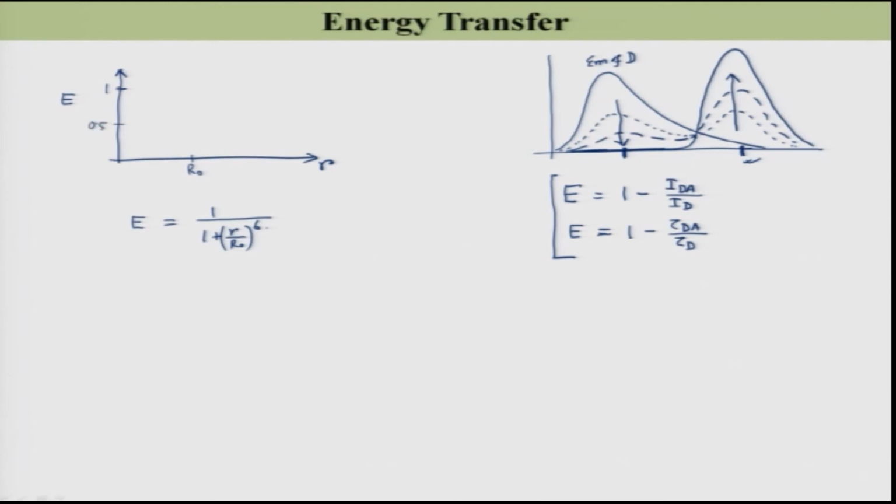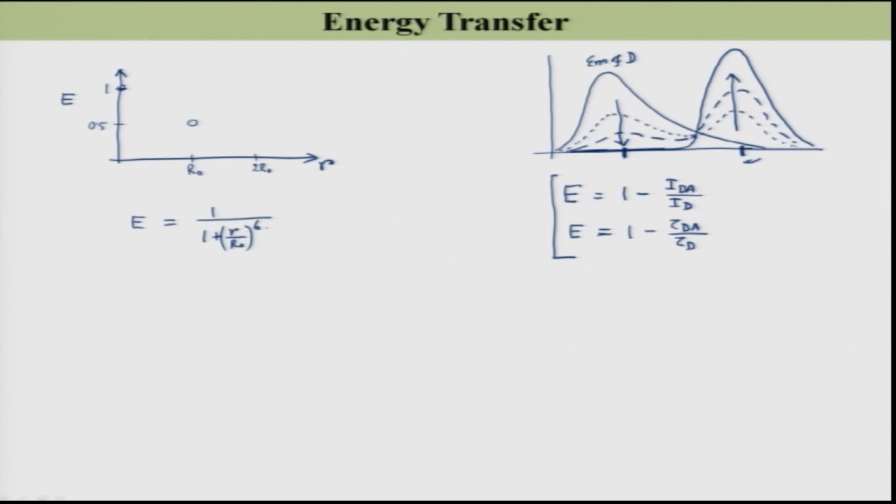0.5, here is my point. And here is another point, when r equal to twice R_0, then twice R_0 divided by R_0, that means 2 to the power 6, that is 64, then 1 divided by 65, that will come about 0.015.